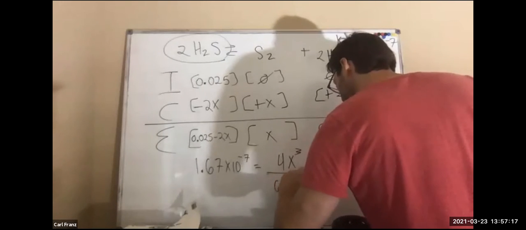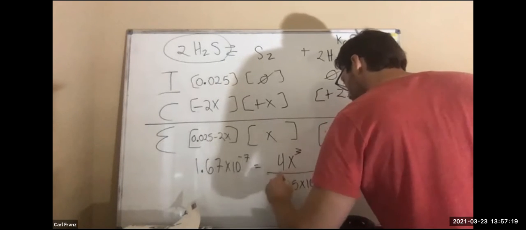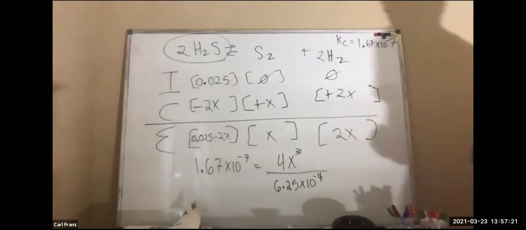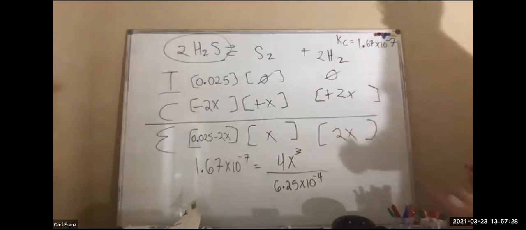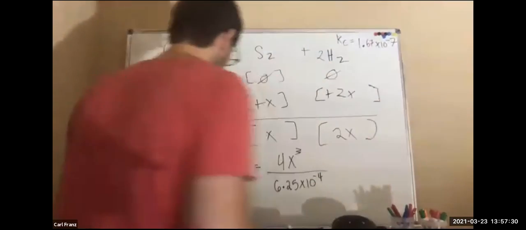Four x cubed over 6.25 times 10 to the negative 4th. Okay, now we want to get x by itself, right? So we multiply each side by 6.25 times 10 to the negative 4th.